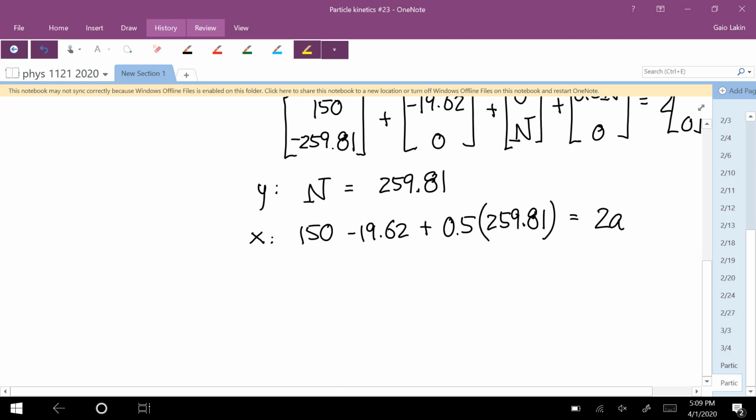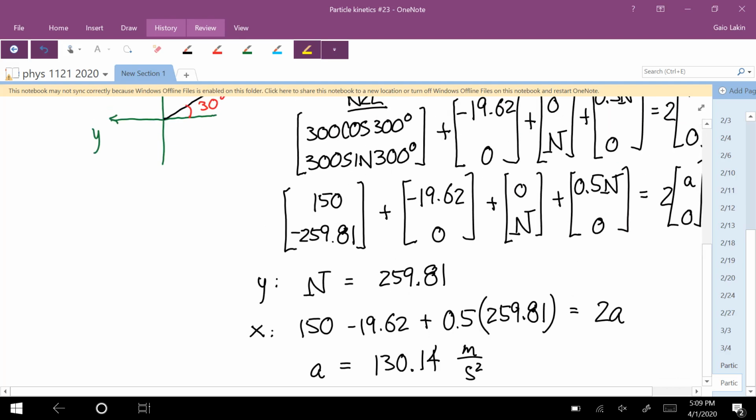Okay, so let me plug this in. And so this says that the acceleration is positive 130.14 meters per second squared. Well, what does that mean as far as a direction?